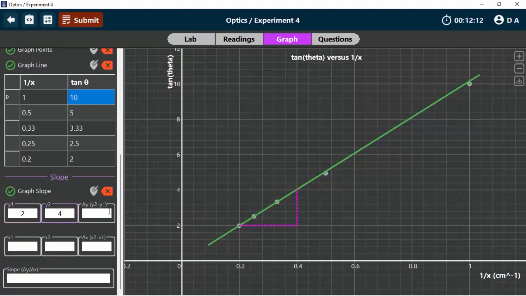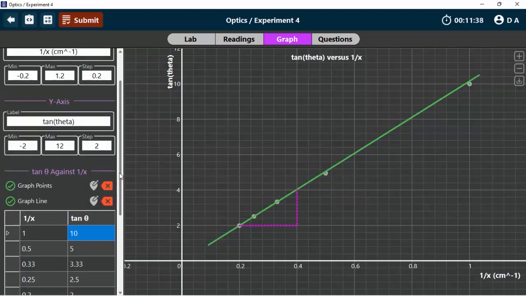Then the difference, y2 minus y1, is 2. So here we have 0.2 as x1. Then x2 is 0.4. If you take the difference between x2 and x1, you get 0.2. Then we divide 2 by 0.2 and that will give us 10. So the slope is equal to 10.